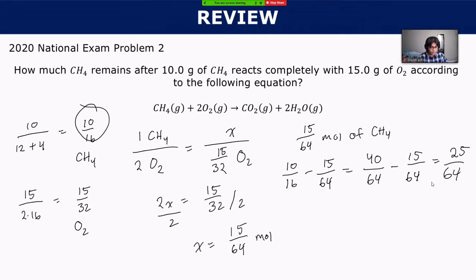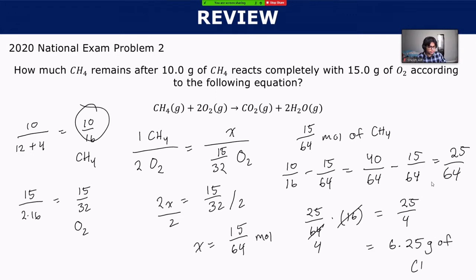And so how many grams is that? If we multiply the moles by molar mass, we get the grams. And we know that the molar mass is 16, we calculated that before. And you just do a bit of crossing out, 25 over 4, which is 6.25 grams of CH4. And that's your answer.